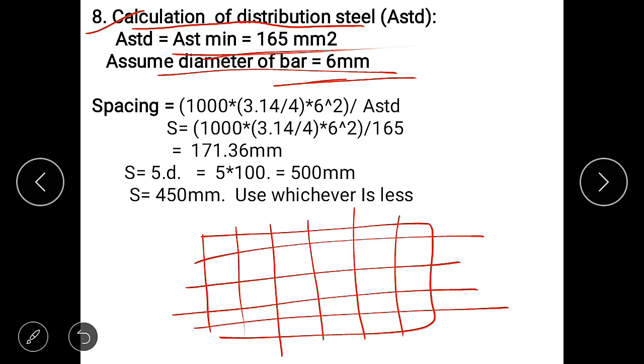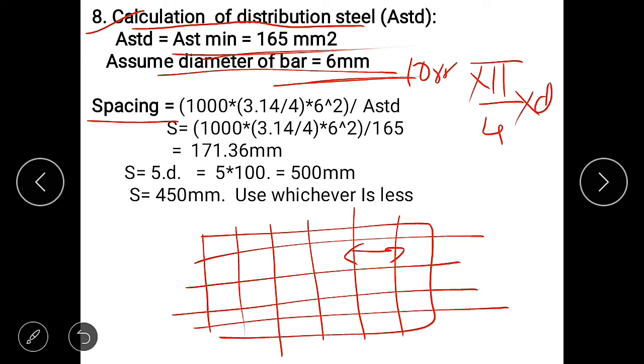Now we have to calculate spacing of this distribution steel. So spacing formula is 1000 into pi by 4 into d square divided by AST distribution.